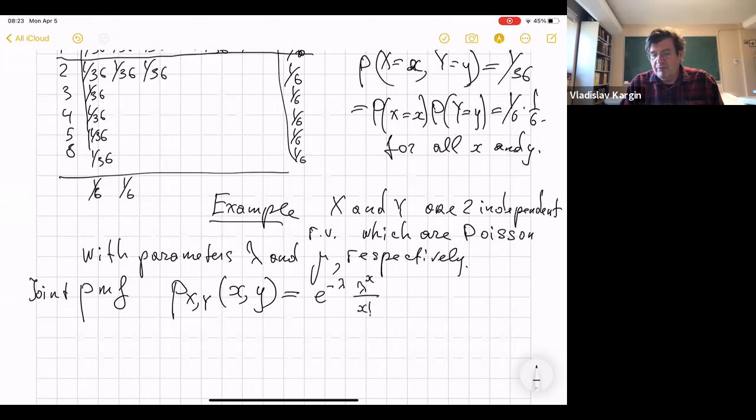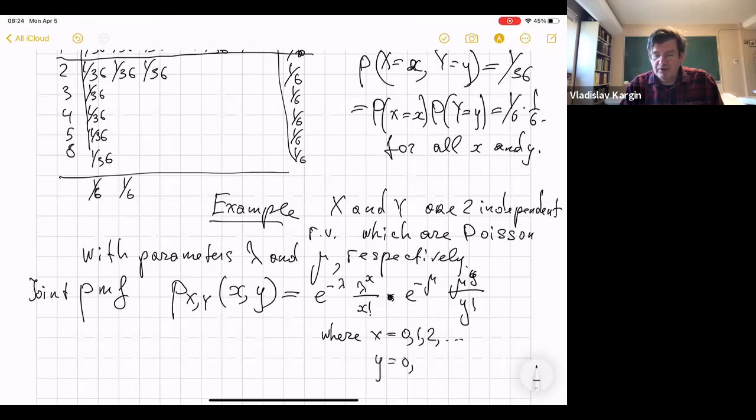Right? And we multiply it, so this is multiplication, by e to the minus mu, mu to the power of y, divided by y factorial. And here X can be 0, 1, 2, and so on.